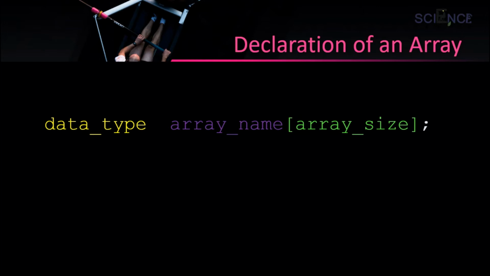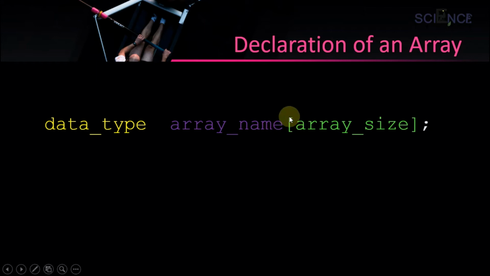Now let's see how an array is declared. First we know that it represents a single data type. It represents many instances of a single data type, right? So we need to have a data type. First we mention the data type of our array. Then we mention the name of our array.